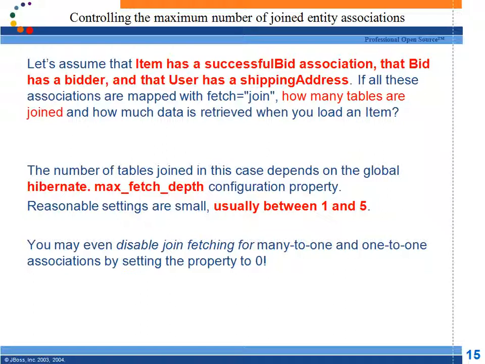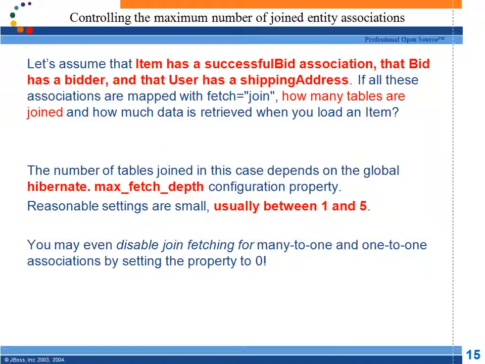If I enable eager fetching for all of them by using outer join, if I use fetch is equal to join for these associations, then it will be using outer join. So number of outer joins are now 4. Queries will be bad at performance, right? So generally the number of tables joined in this case depends on the global Hibernate.max_fetch_depth.